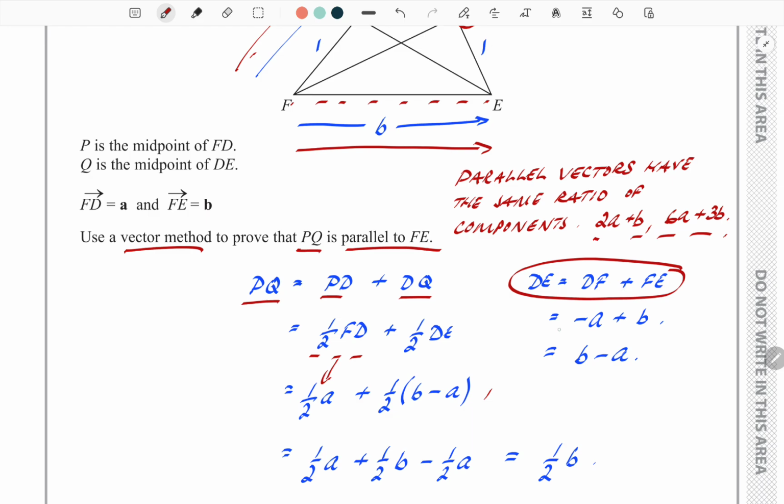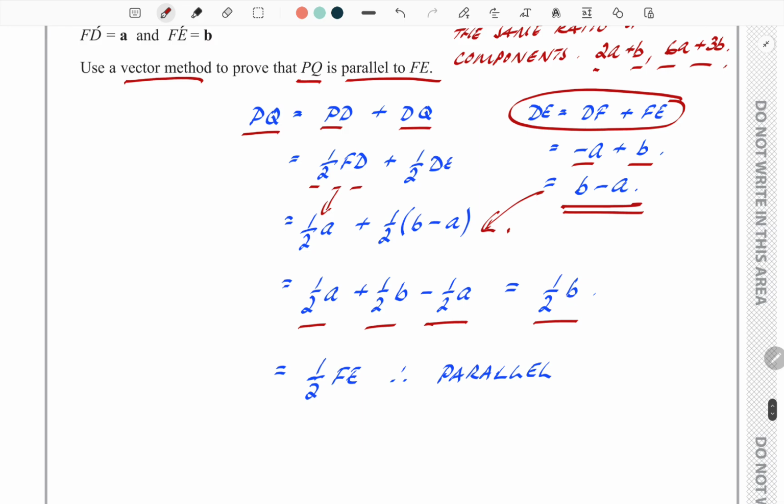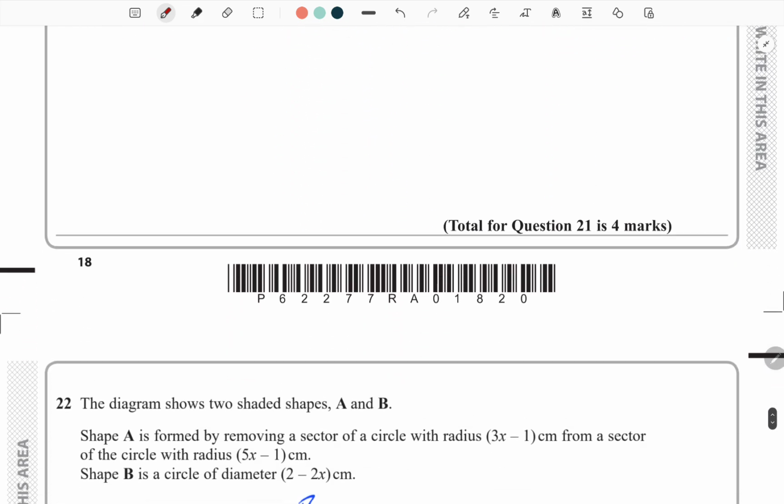And that will give you minus A plus B, that vector there. Substitute that back in, and when you expand the brackets out, you've got half A plus half B minus half A, equals half B. That is exactly the same as half of FE. So one vector can be expressed as a multiple of the other vector, and therefore they must be parallel. All right, that's the proof.